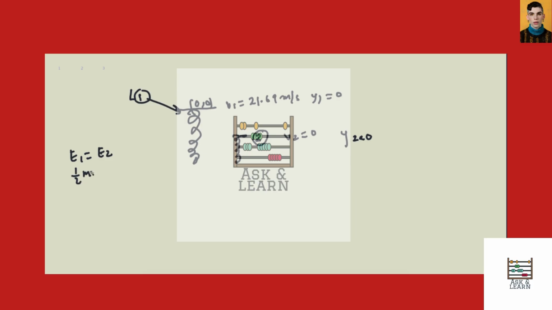Half m v1 squared plus mg y1 plus half k y1 squared, the total energy at location 1, is equal to half m v2 squared plus mg y2 plus half k y2 squared.